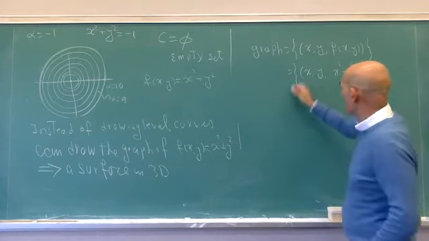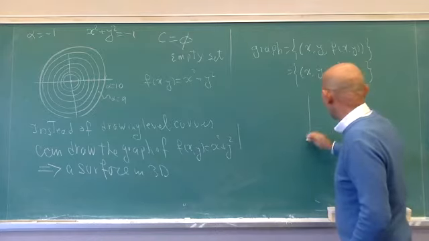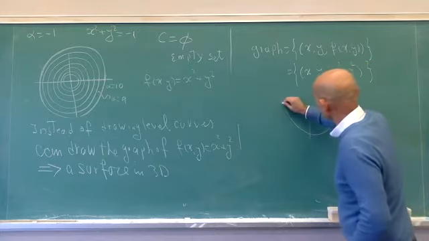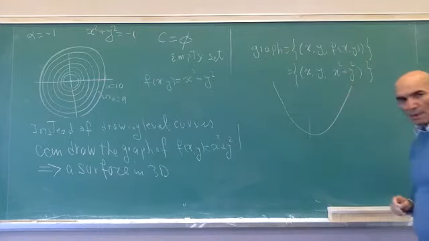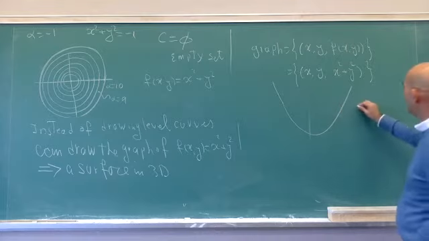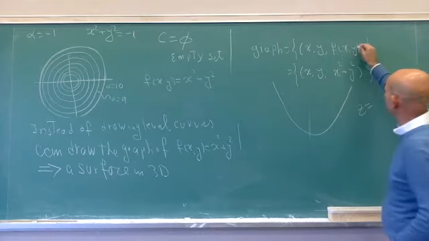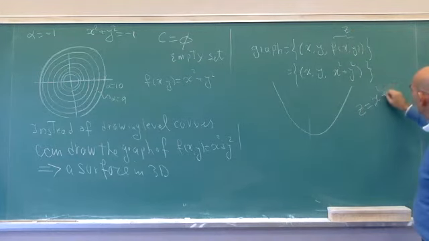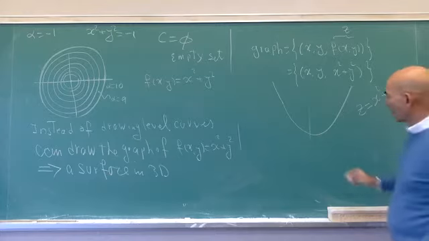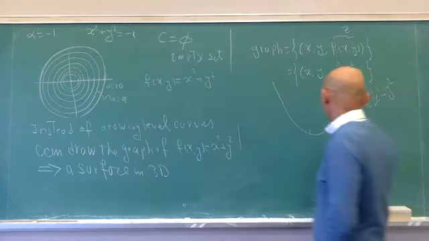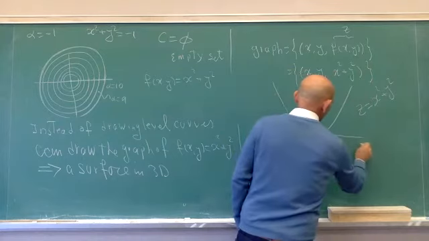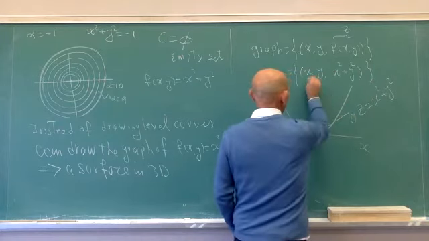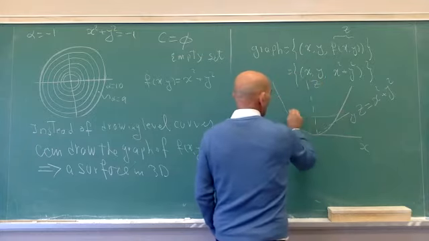This is a 3-dimensional thing now. So we can draw this graph: z equal to x squared plus y squared, where z is the third coordinate. If you want to draw the coordinate axes, this is x, this is y, this is z.